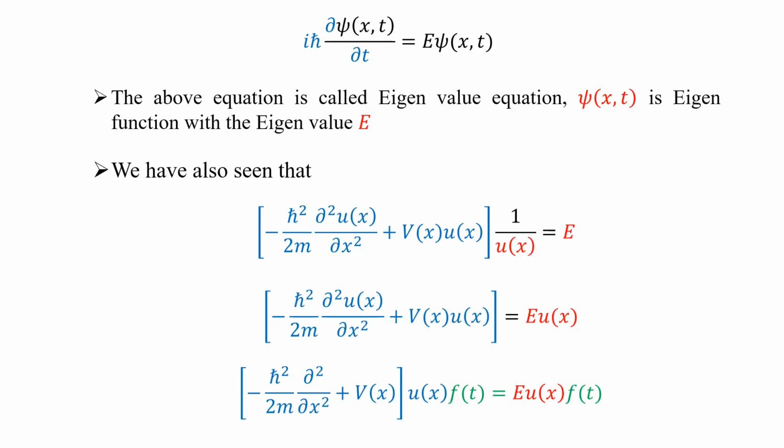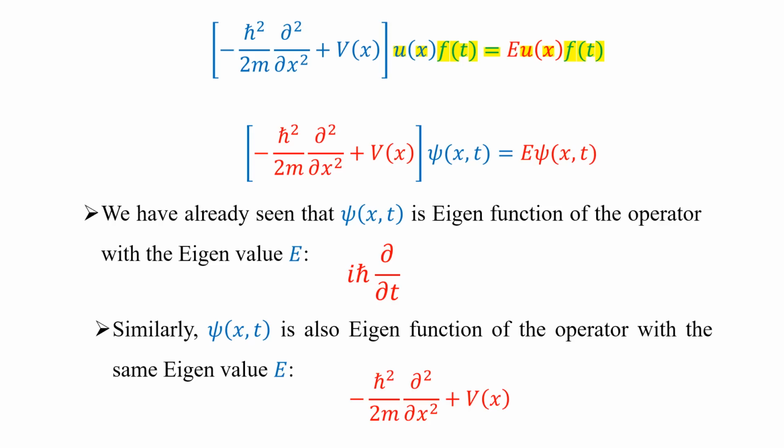Here you can notice that this is the total wave function psi, and this is also the total wave function psi, which we are going to see now in detail.